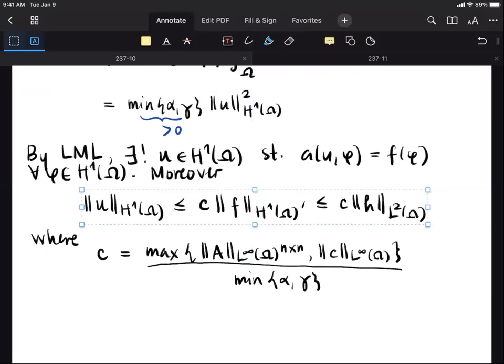So we have established the existence and uniqueness of the weak solution of our boundary value problem. And we have also the stability of the solution. Small changes in the heat source with respect to the L2 norm lead to small changes in the weak solution with respect to the H1 norm.